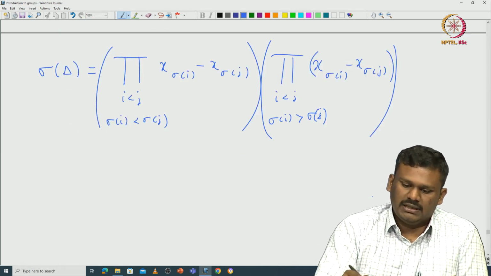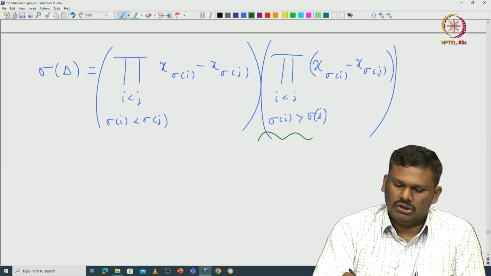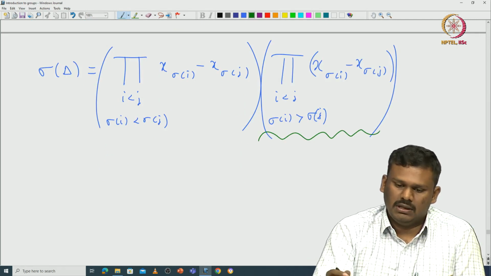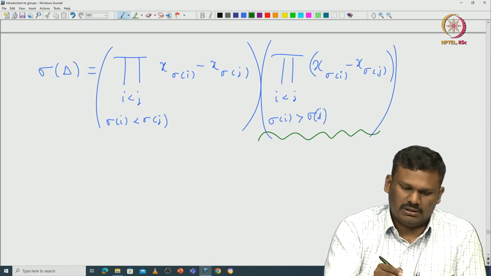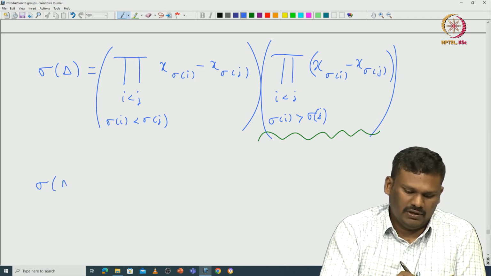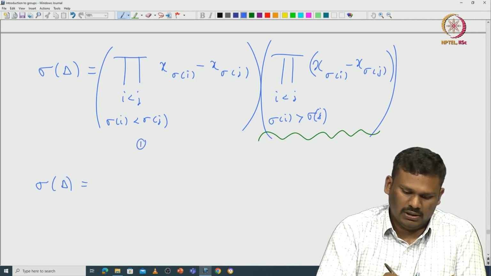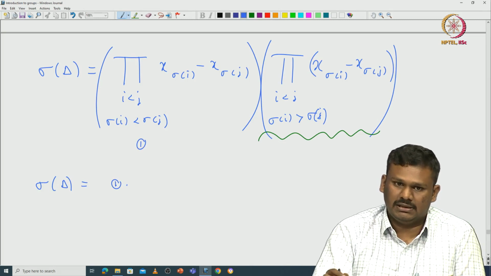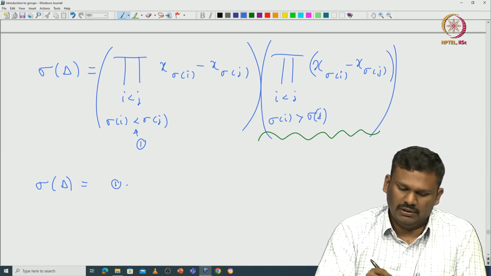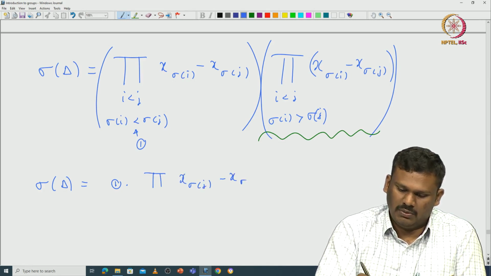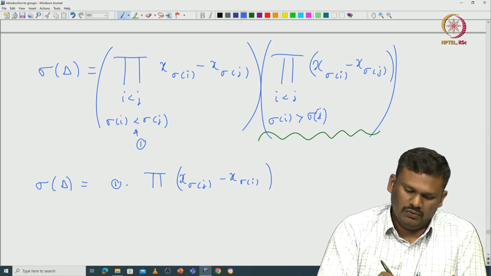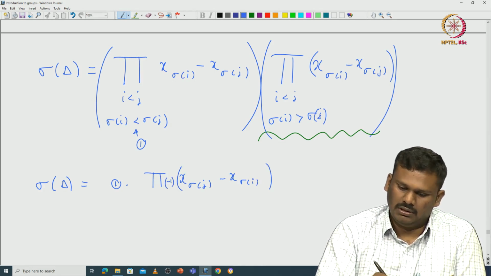If you take this second part, this is something you have to switch. If you switch this, then in sigma of delta the first one will appear as it is. The second one is going to be the product of x sigma of j minus x sigma of i, and you will get a minus 1 here, where i less than j and sigma of i greater than sigma of j.